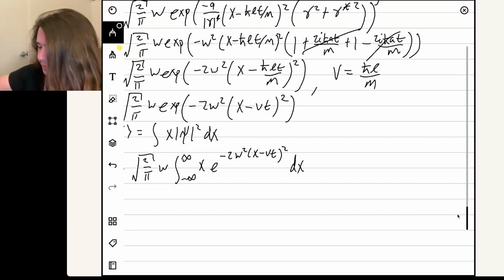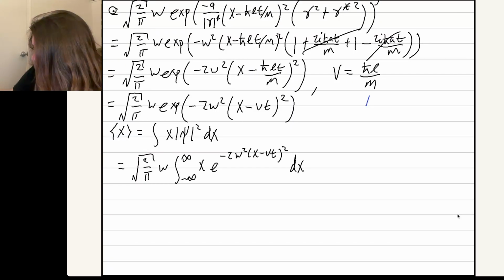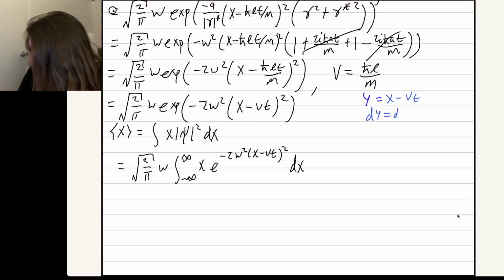And we want to use a change of variables to deal with this. So I'm going to define y equals x minus vt, so that dy is equal to dx.